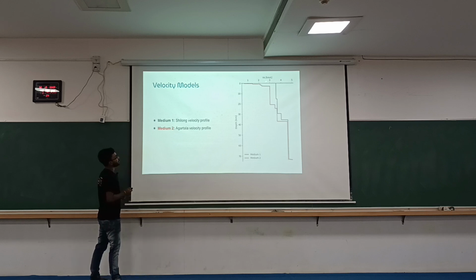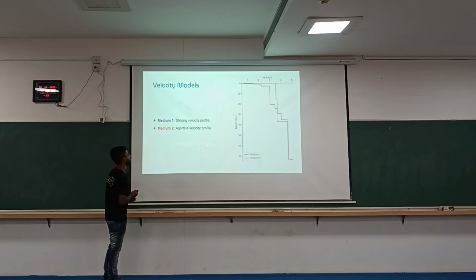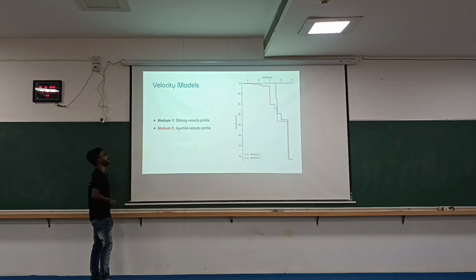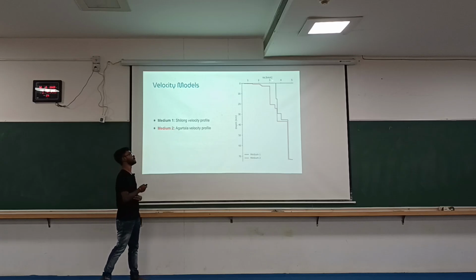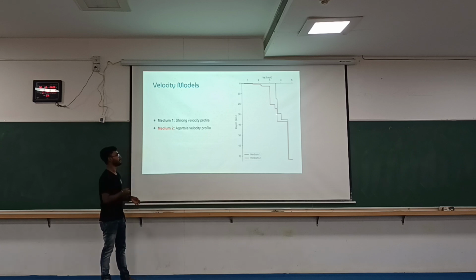These are the actual models of those regions. Medium 2 is Agartala, which I have shown on the map, situated in the Bengal basin, and the Shillong velocity model is situated in the Shillong plateau region. We can see that after 40 kilometers of depth, it crosses 4.2 kilometers per second, which says it is the Moho, and they are kind of similar.